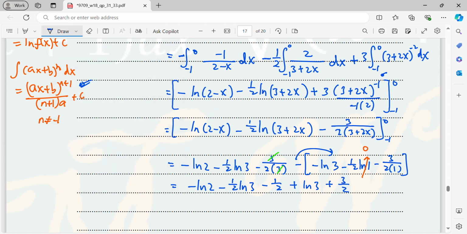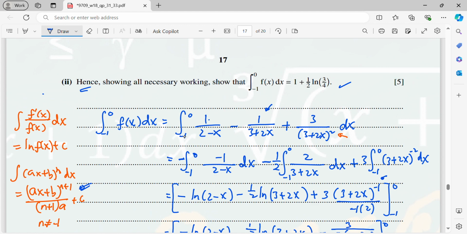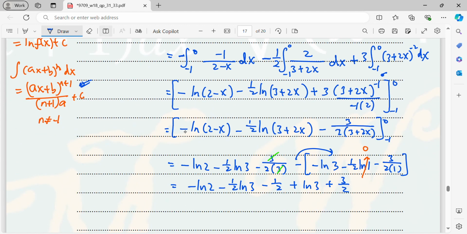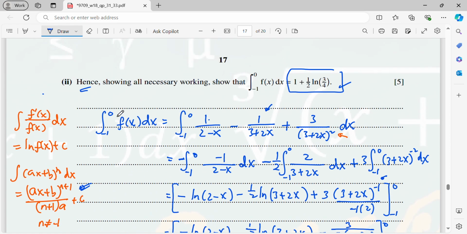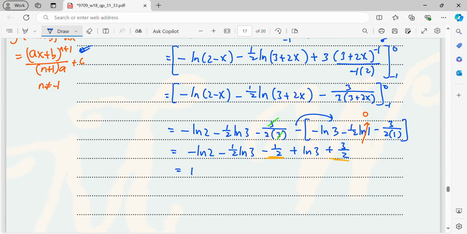Now look at the question here. You need to prove 1 plus half ln 3 over 4. So now for the numbers negative half plus 3 over 2, that is already 1. So I will rewrite 1, and then look at the question here. Given plus half, you need to show it's plus half. So which means now, even though the first term is negative ln 2, I will change to half.